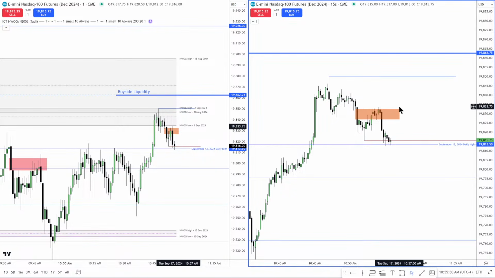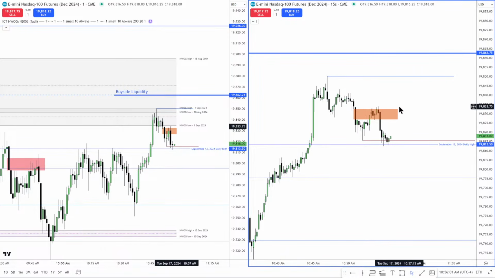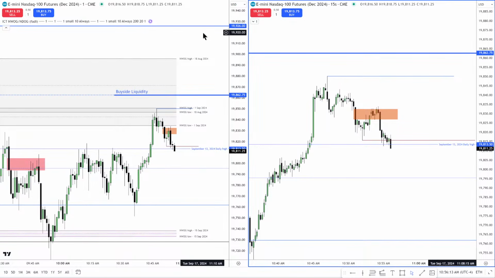It won't be something that I would be regretful over, because you have to have rules, and the rules here, I'm not trying to be short. We've already shown a willingness to gravitate towards that 19,862.75 level, and that's not even close to the relative equal highs at the 926 level.